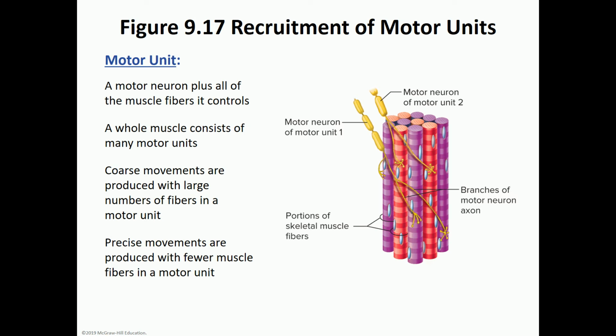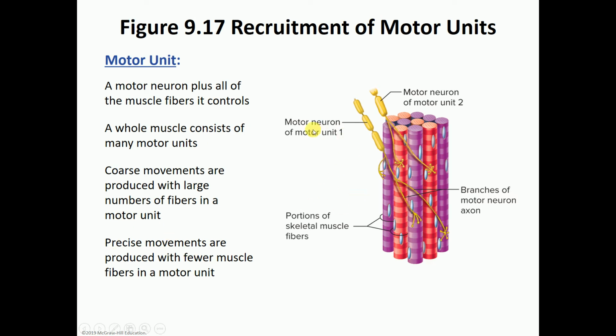When you compare that to, say, the fine muscles of the hand, where you really need those fine motor skills in order to write or type or so on, when you have these very precise movements, you have smaller motor units.